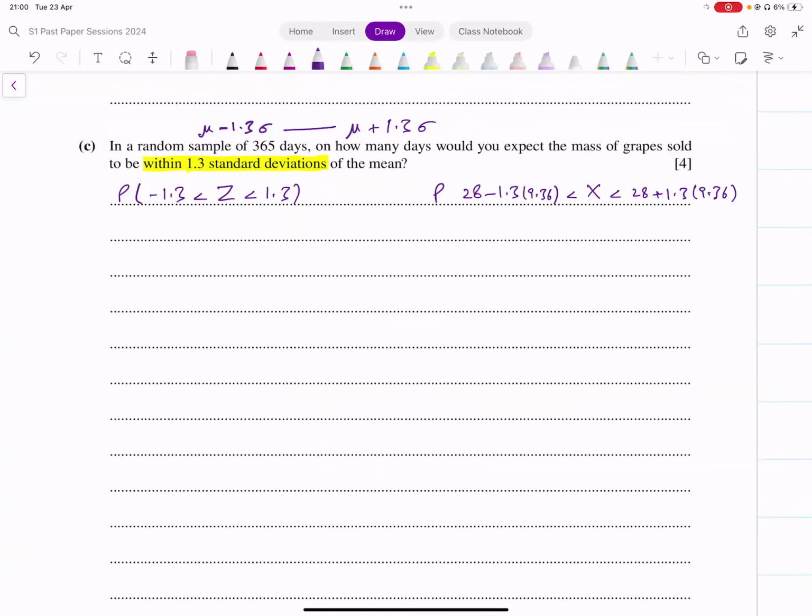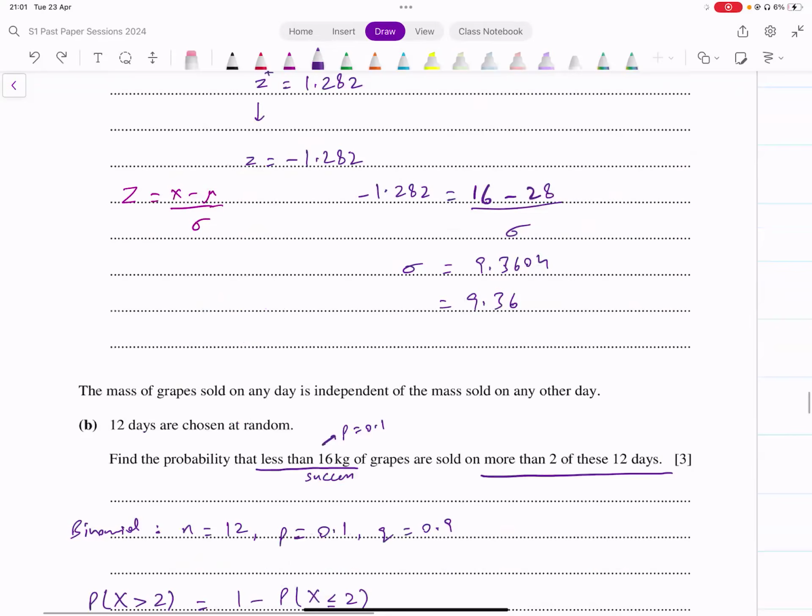See what that gives you on both sides. 28 minus 1.3 into 9.36, that is 15.832. And on the other side, 28 plus 1.3 into 9.36, that is 40.168. Yes, we are multiplying 1.3 with the standard deviation, which was 9.36.